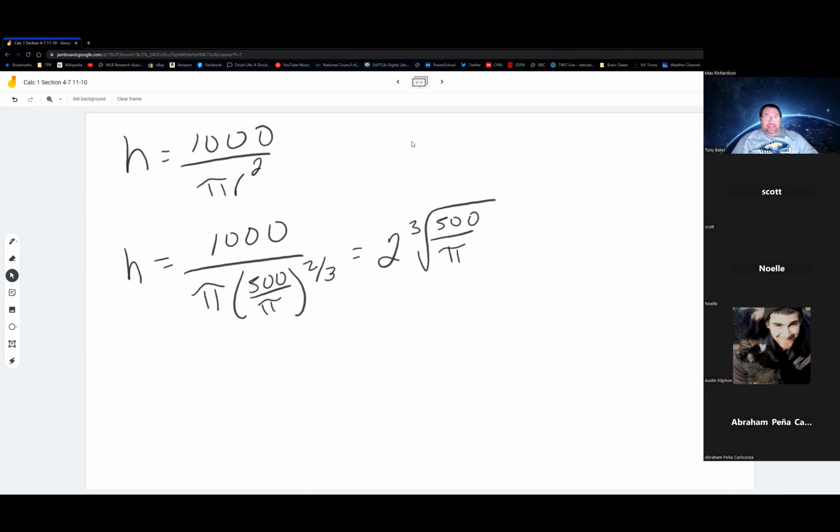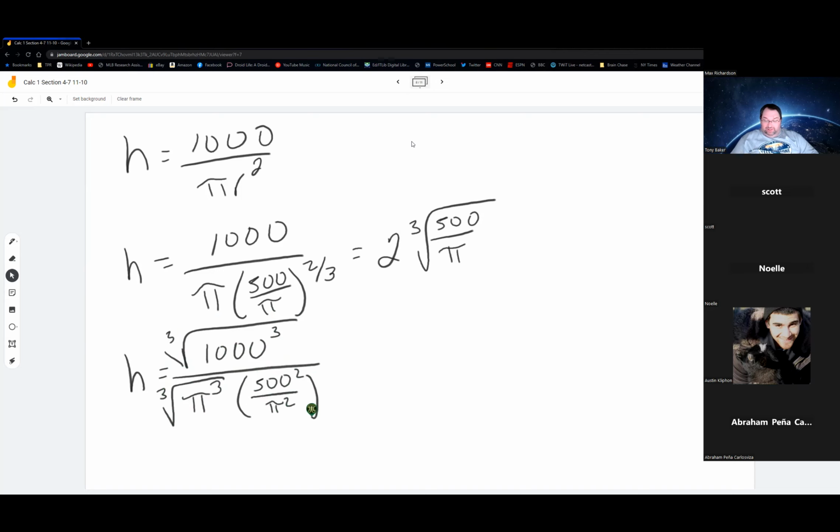So the easiest way to do this, if you're trying to figure out how to simplify this down, is I basically need to make everything to the third inside the root. So if we look at this, we can do 1000 to the third, cubed root, over pi to the third, cubed root. And then we have 500 squared over pi squared to the cubed root.